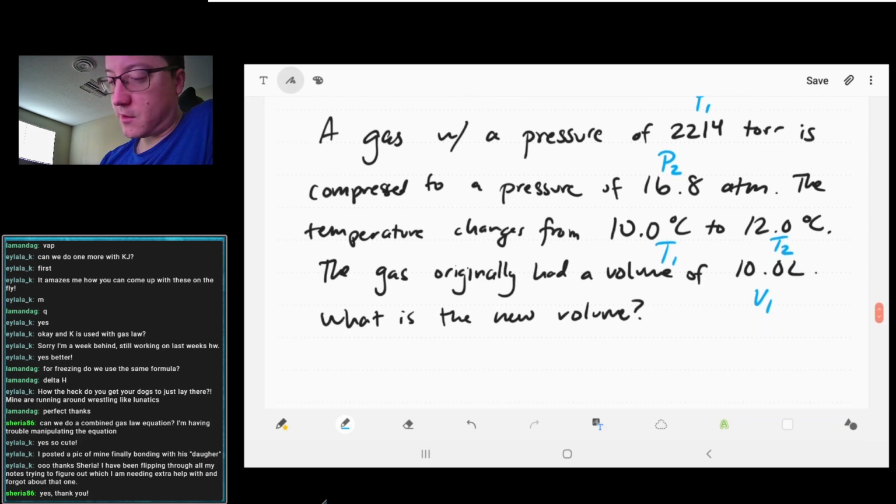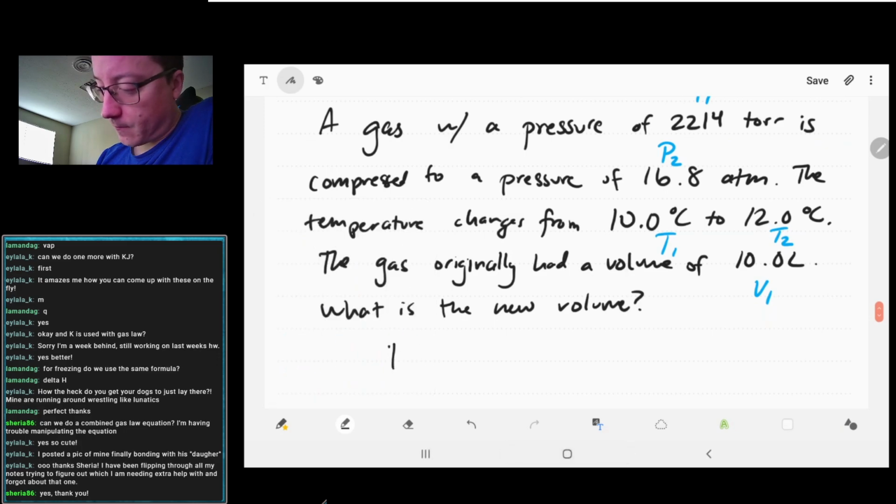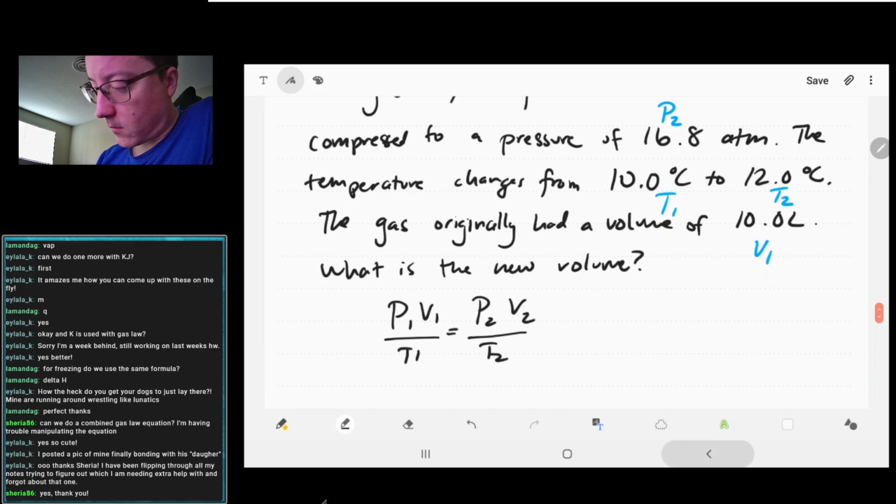Let's see, can we just plug these in right away? I'm going to just solve for V2. I always like to do that with this equation.